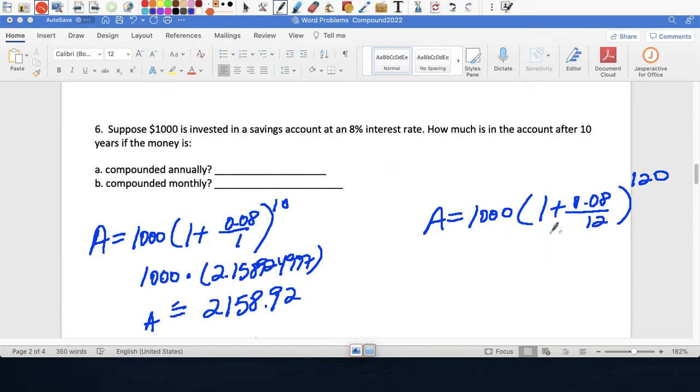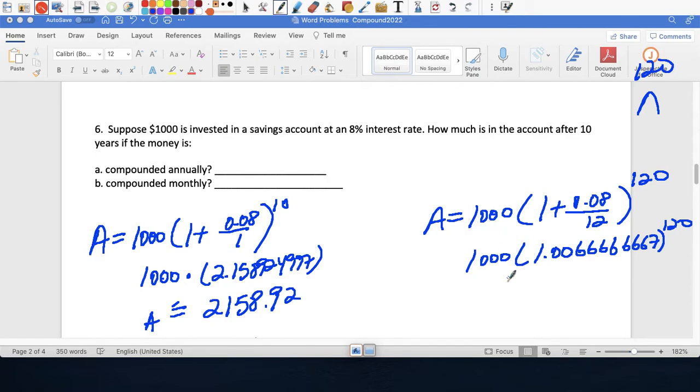On this side, I'm going to do it again, 0.08. This time we divide it by 12. Enter, plus 1, enter. In your calculator, right now you should have 1.00 and a bunch of 6's, right? And a 7. Raise it to the 120th power. Press that button, and then 120.